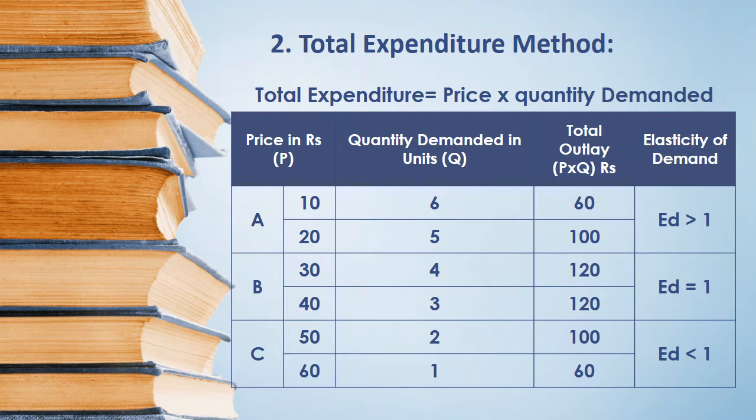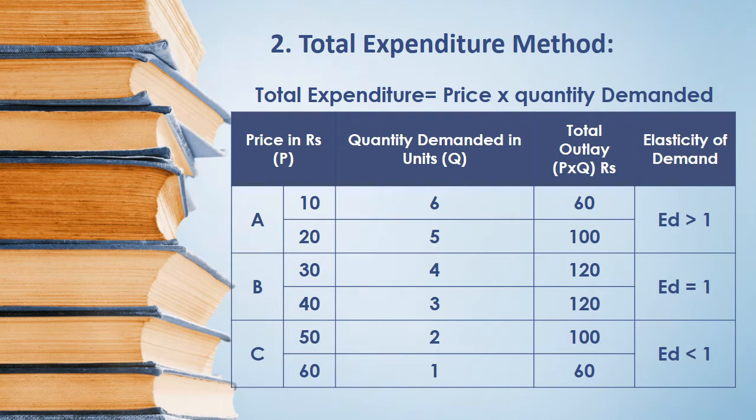When price rises to rupees 20, the quantity demanded falls to 5 units, and the total expenditure incurred is rupees 100. In this case, the total outlay is greater than the original expenditure. Earlier it was 60, now it is 100, so the expenditure is increasing. Hence, in the given example, elasticity of demand is greater than 1, that is relatively elastic demand.